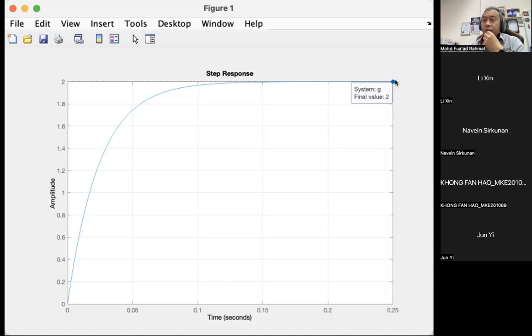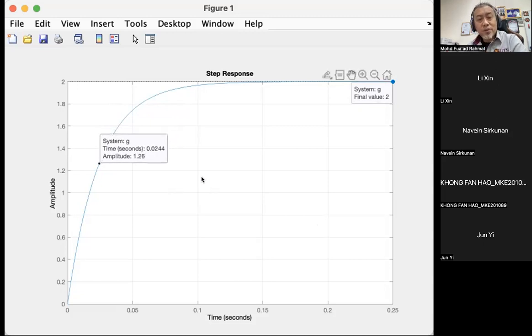But for the time constant, the MATLAB software is unable to give it in the menu, so we have to find 1.26 output by scanning. 1.26, somewhere there.